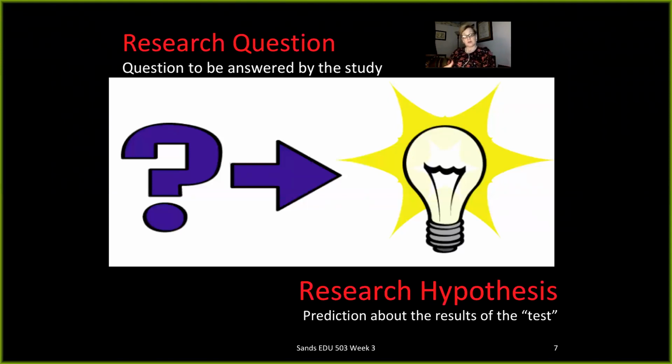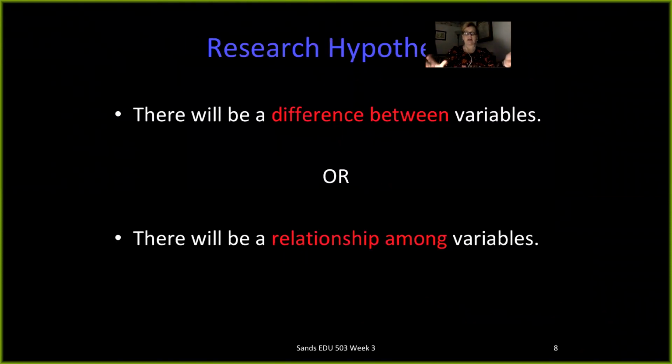But with a hypothesis, you are testing your prediction of what the data is going to say, what outcome. So when you hypothesize, you're either going to say there will be a difference between variables. So there will be a difference between students' reading ability and students' reading ability after we've done leveled reading.